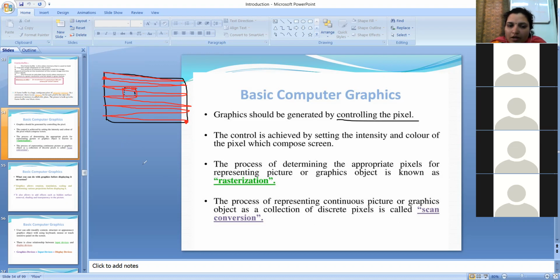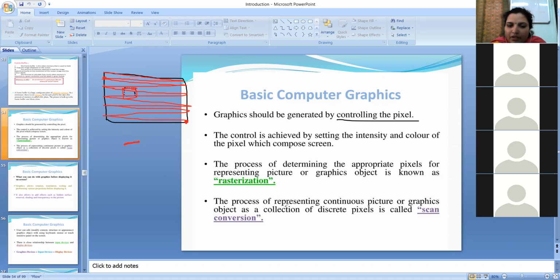So instead of showing it in a discrete manner, discrete means apart from each other, separate, I am going to show it as a continuous image, and that conversion is considered as scan conversion.